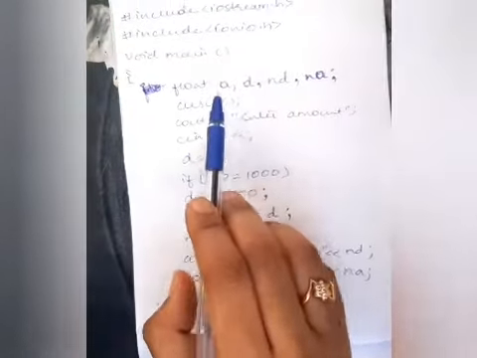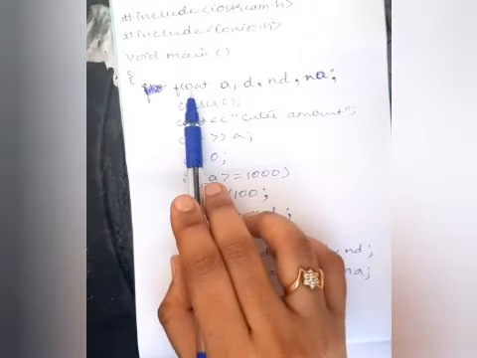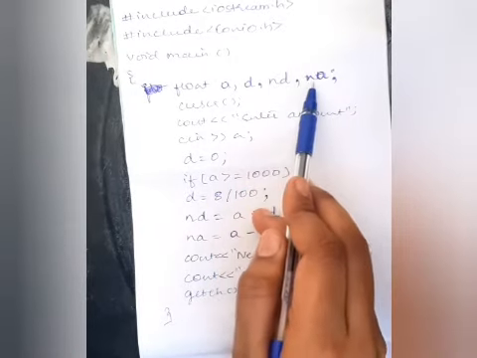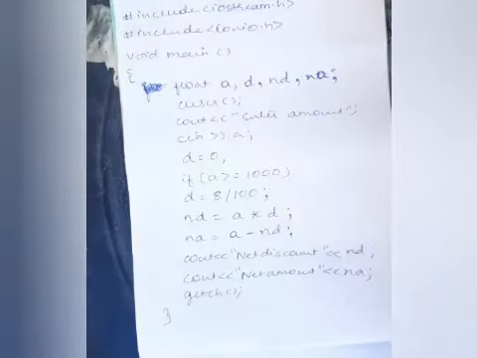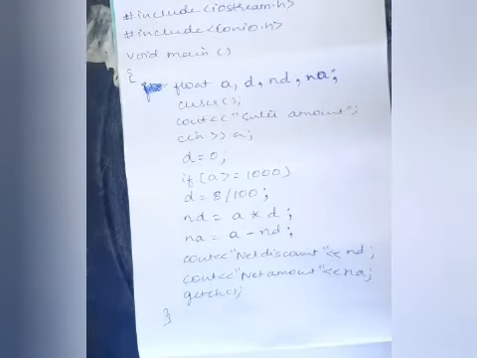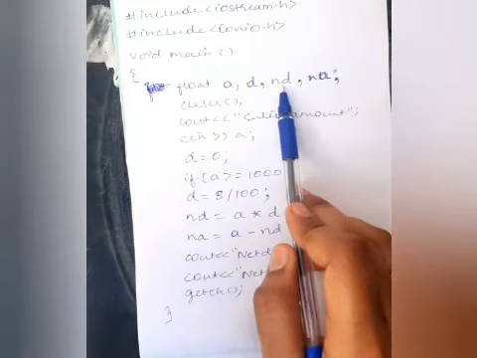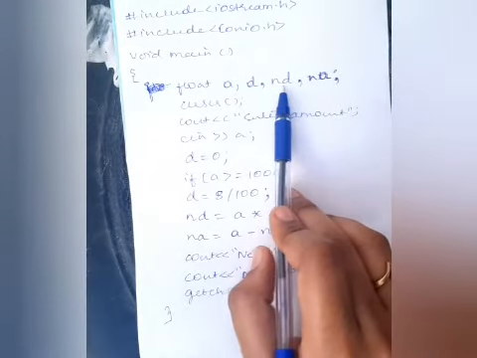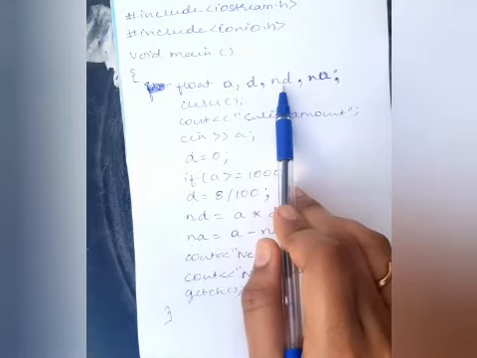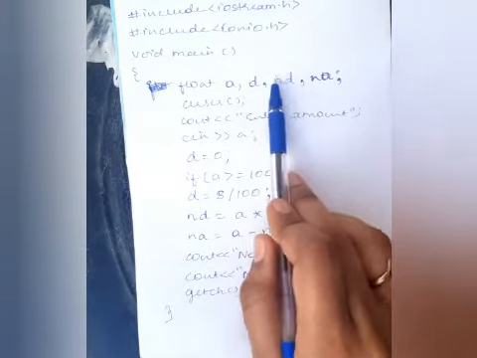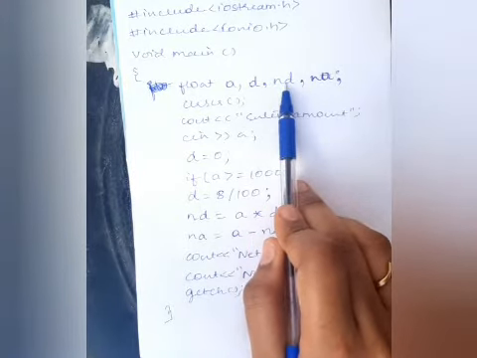Let me repeat. I am using the data type float and the variables are amount, discount, net discount and net amount. ND is the value which tells you about the discount. After applying the discount, we will get some value, and to store that value we need this ND variable.